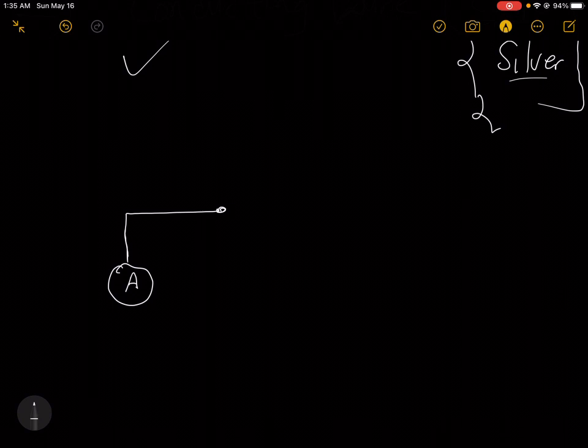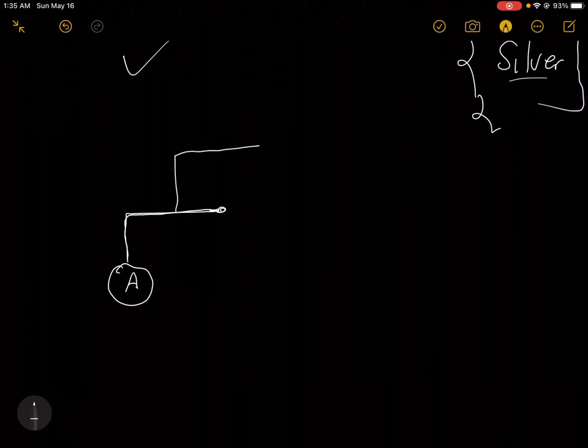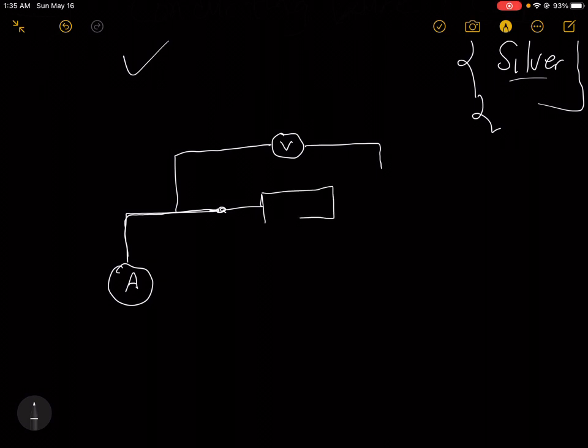This line is assumed to be our conducting wire. So we have something like this. V. Oh, I forgot to mention one more thing, but I think then we have a resistor R.